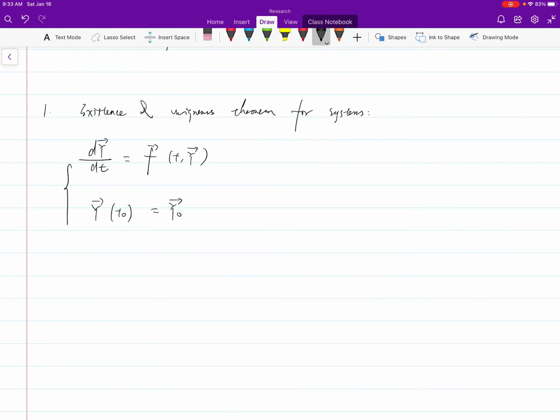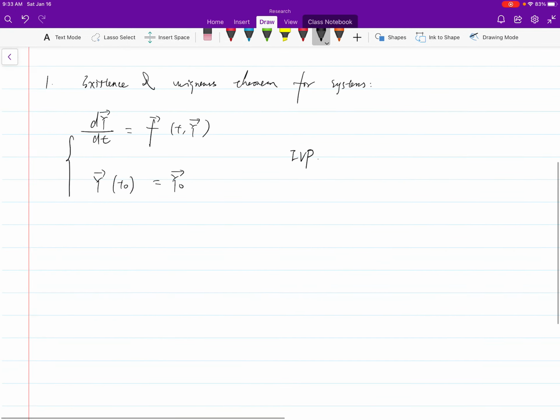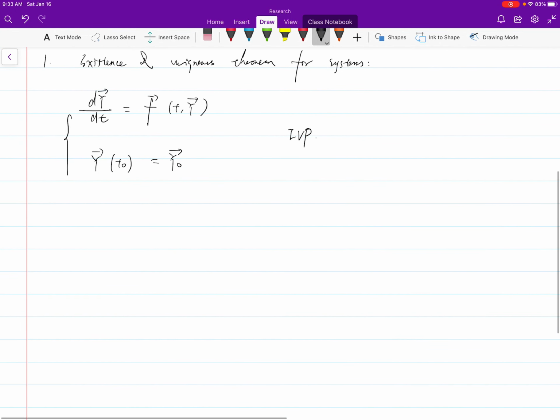So we have an initial value problem. Okay. Then, assuming that t0 is the initial time and y0 is the initial value, and the function f is continuously differentiable.